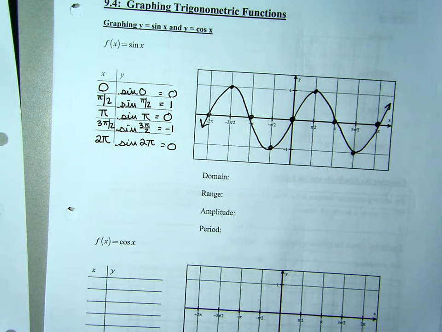As it continues to the right, is it just going to keep going up forever? What's it really going to do? It's going to keep bouncing between a highest value of 1 and a lowest value of negative 1. In a couple days, at the very end of this unit, we will talk about why these things are important.